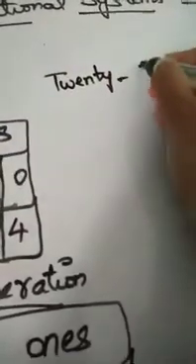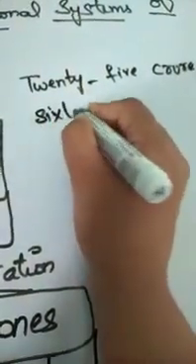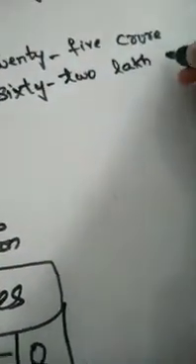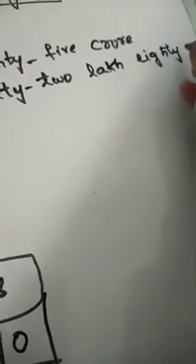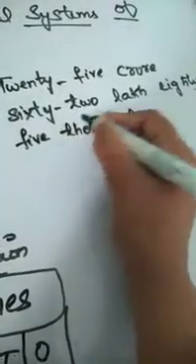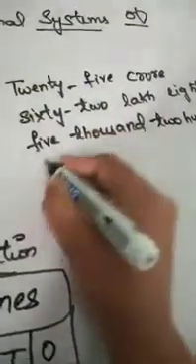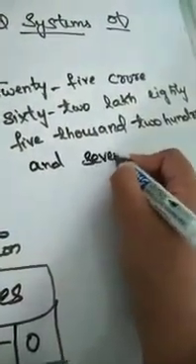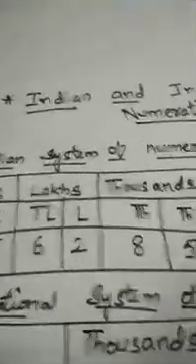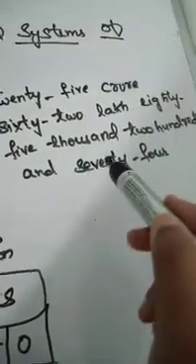25 crore 62 lakh 85,274. So how we have written this: 25 crore 62 lakh 85,274.